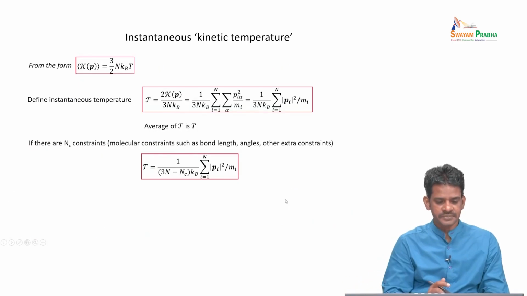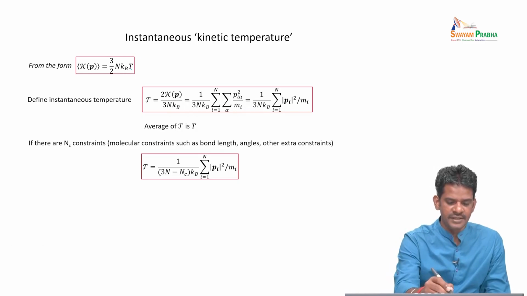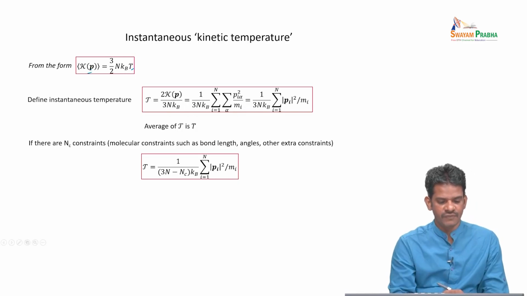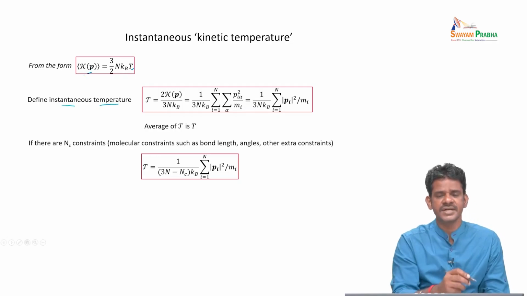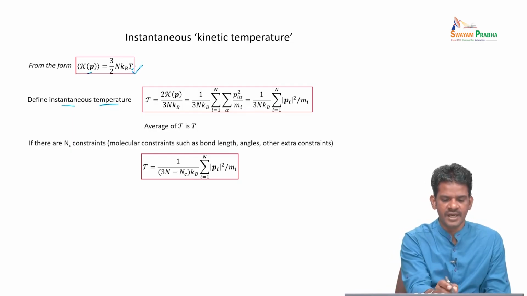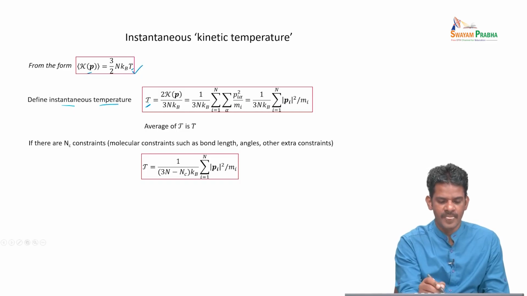Now, from the form relating the temperature and average kinetic energy, we can also define what is known as the instantaneous temperature by looking at the instantaneous value of kinetic energy. We use the same expression from here and write the temperature with a curled T as 2 times the instantaneous kinetic energy divided by 3N kB.